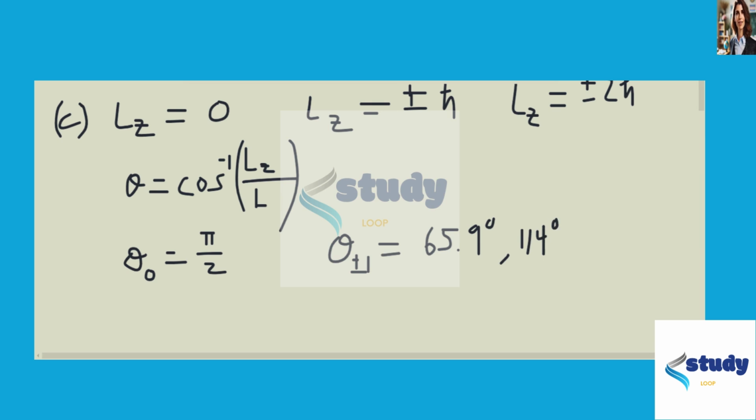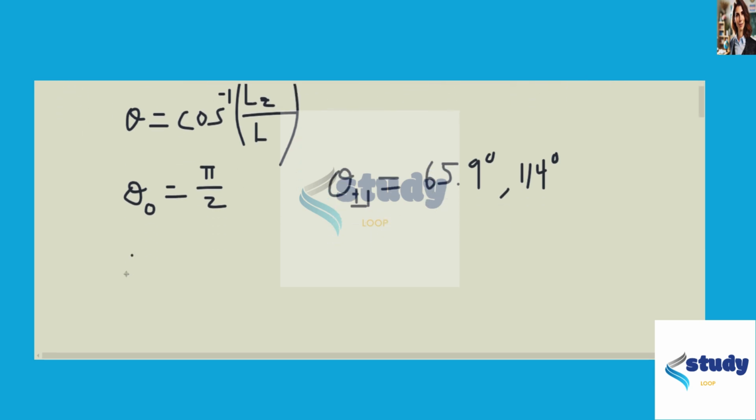Okay, and then how about when it's equal to plus or minus 2? L sub z is equal to plus or minus 2 h bar. So when it's positive, you get 35.3 degrees. And when it's negative, you get 140.7 degrees.